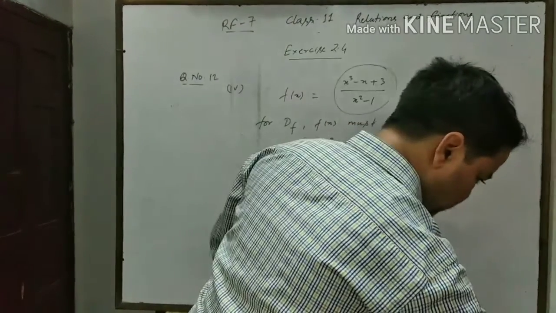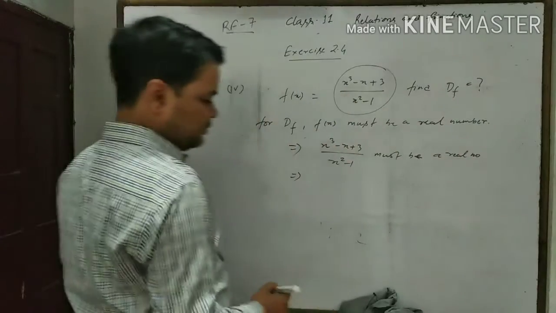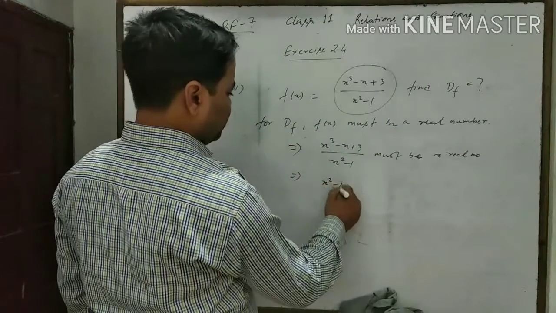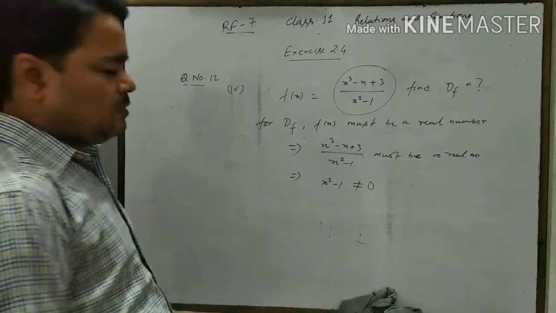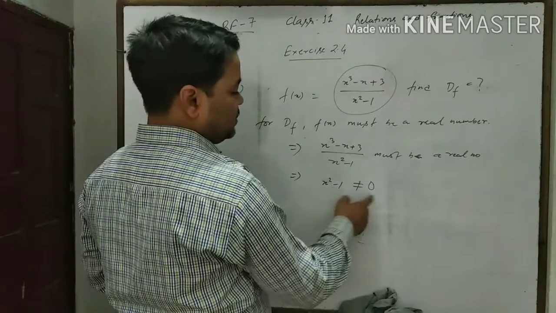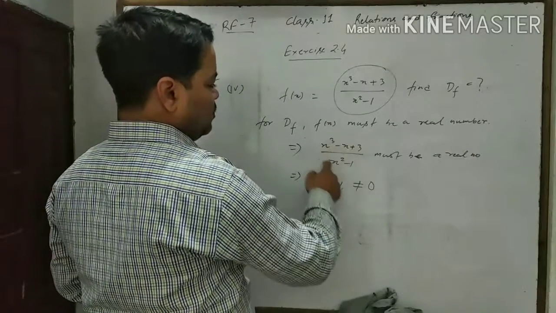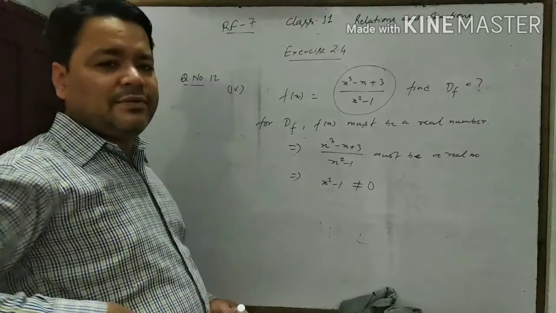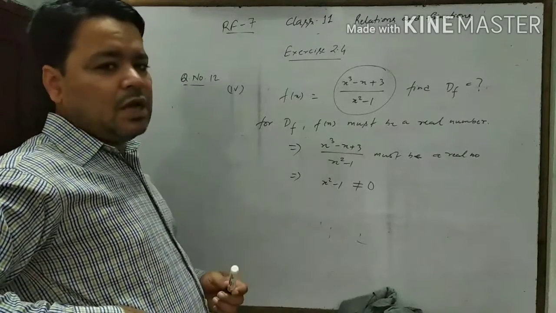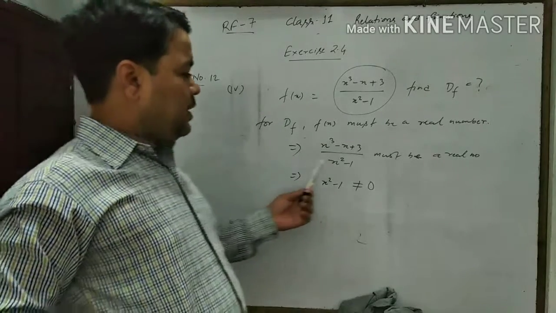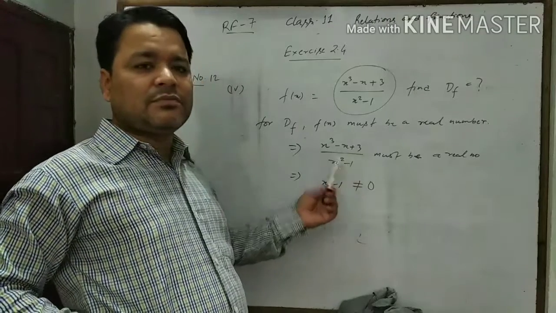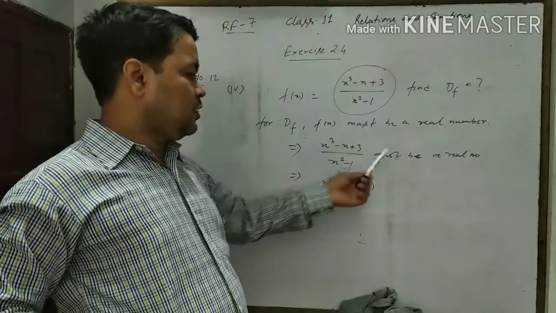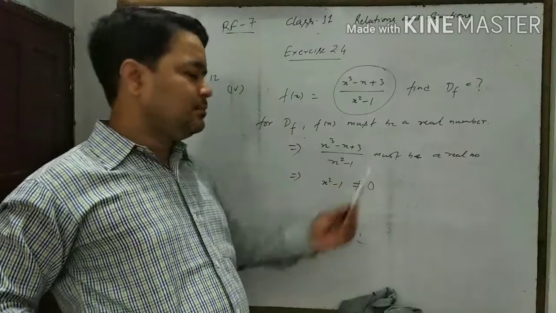It is possible only when x square minus 1 is not equal to 0. Why? Because if x square minus 1 is equal to 0, then the denominator will be 0, and you know that if the denominator is 0, then the value will be not defined.